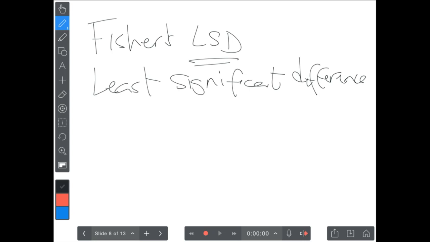In other words, to identify the mean that's different, we have to take pairwise comparisons of the means, take pairwise differences, and compare them to a value which we call the LSD.